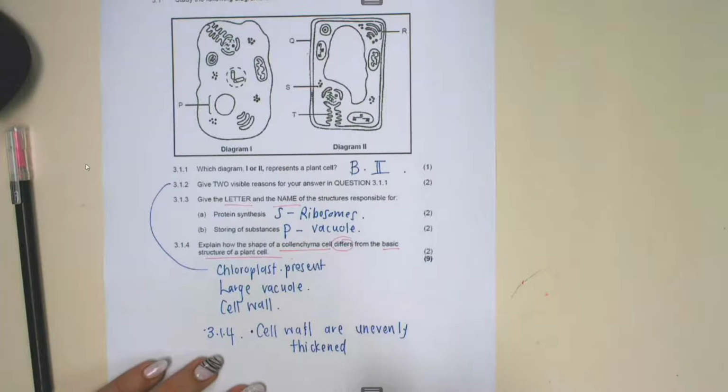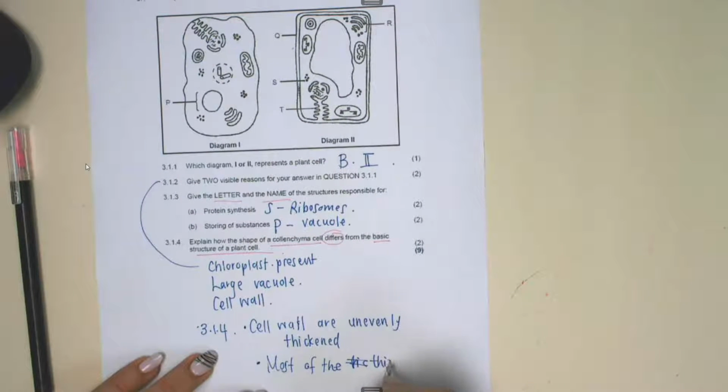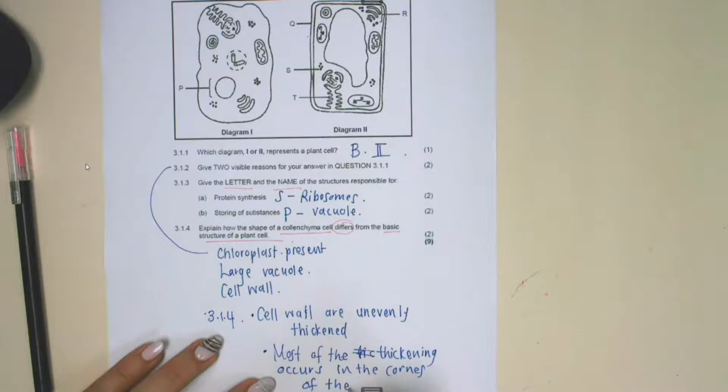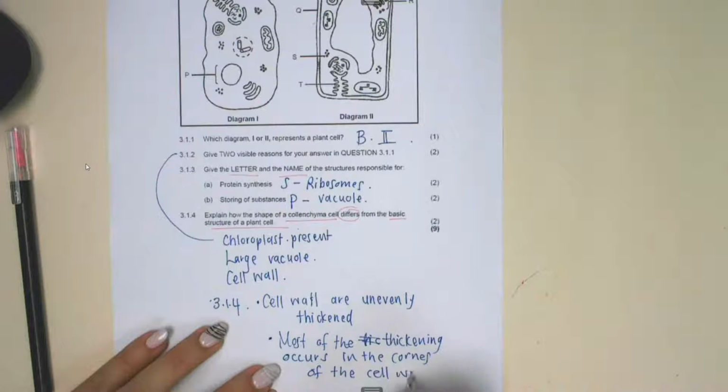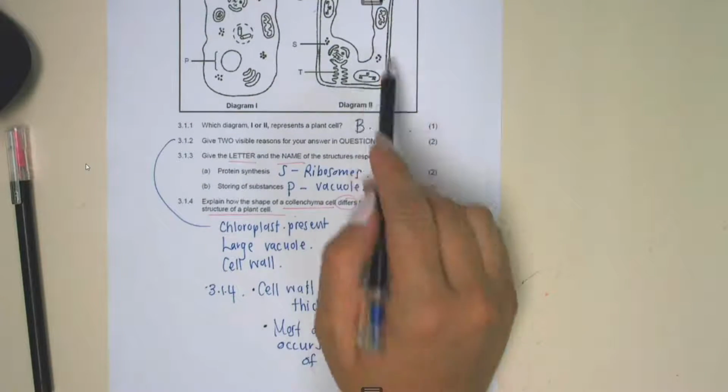And most thickening occurs at the corners of the cell wall.